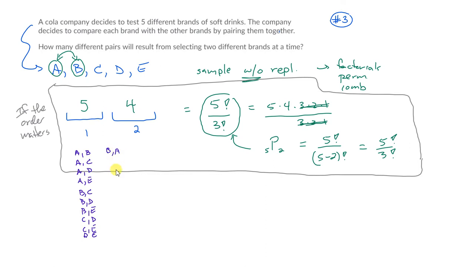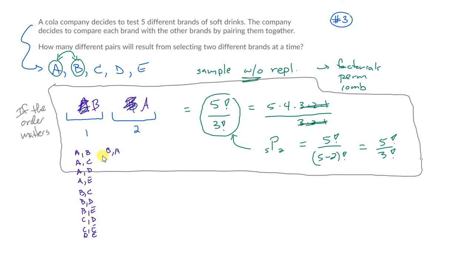So choosing A first for your first soft drink, then B, would be different than choosing B first and then A, if the order matters. Now, in reality, the order doesn't matter here, but I'm just trying to show you what's happening, how we construct the answer.